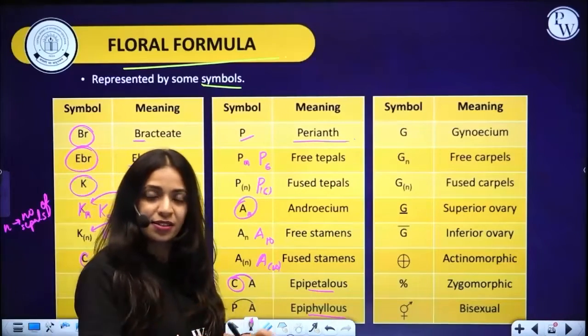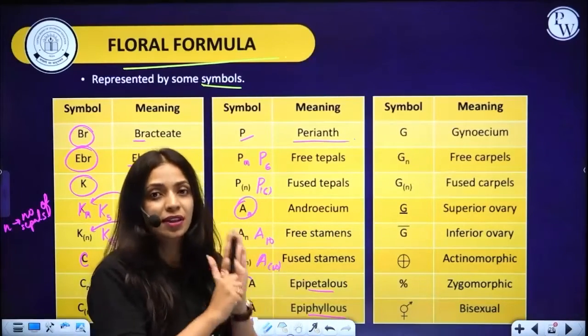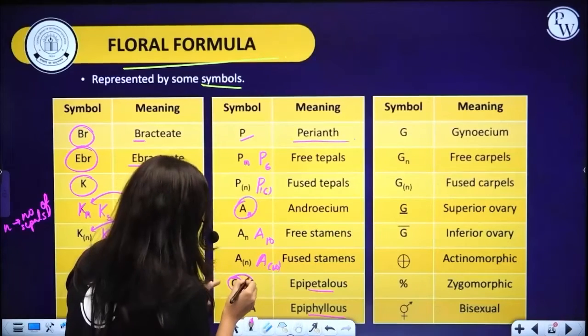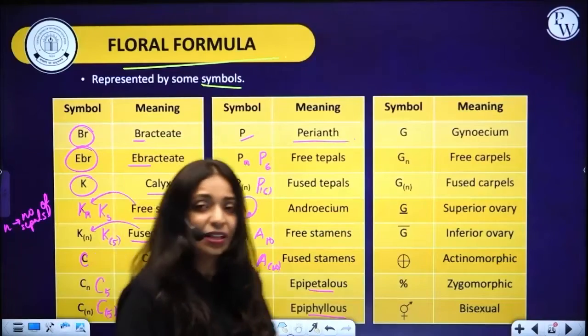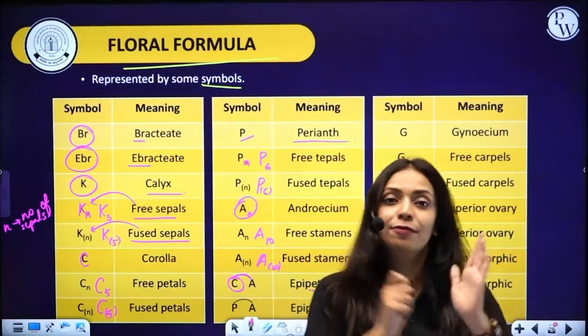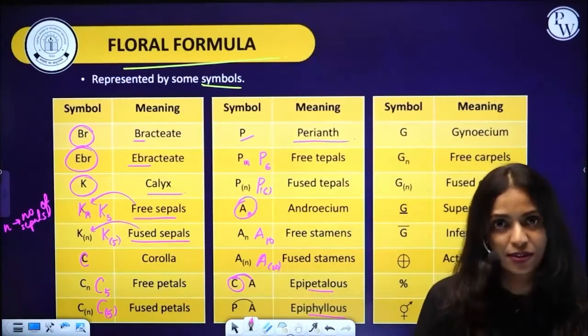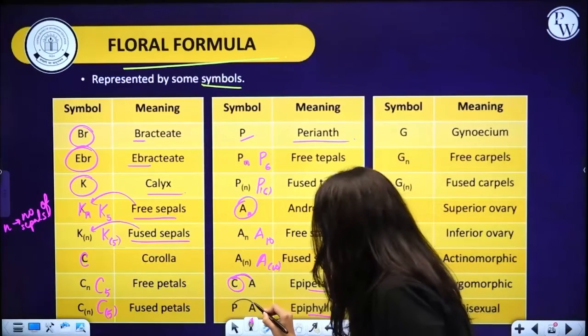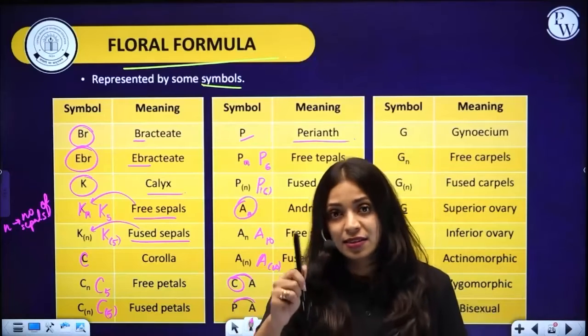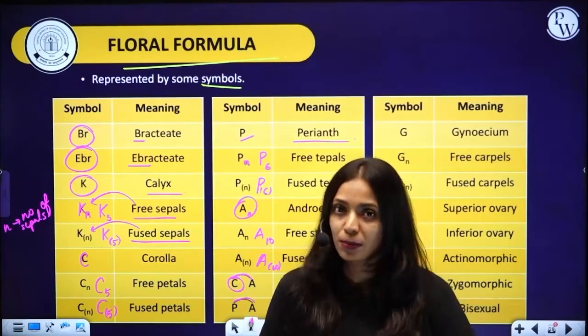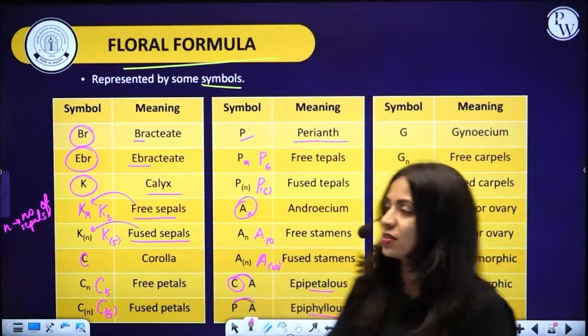If the stamens have fused with the corolla, then you represent that by drawing a curved line from A to C. Similarly, if the stamens have fused with the tepals, then you represent a curved line from A to P. This indicates that the stamens are fused either with the petals or with the tepals.